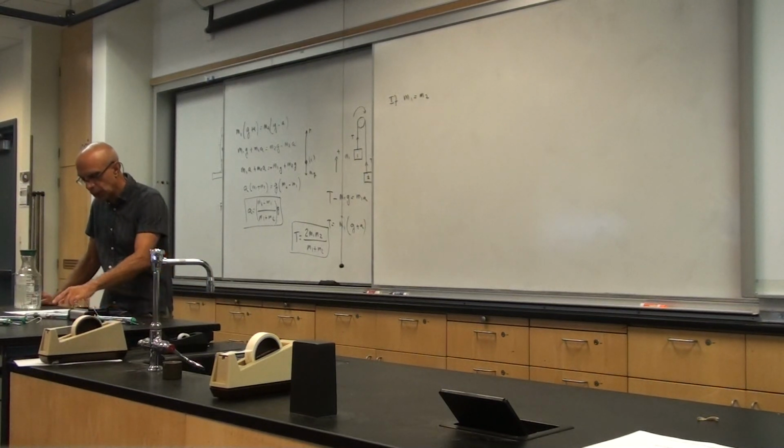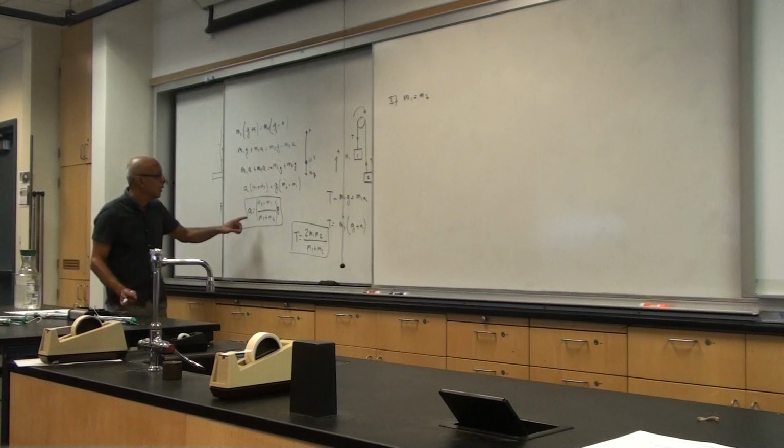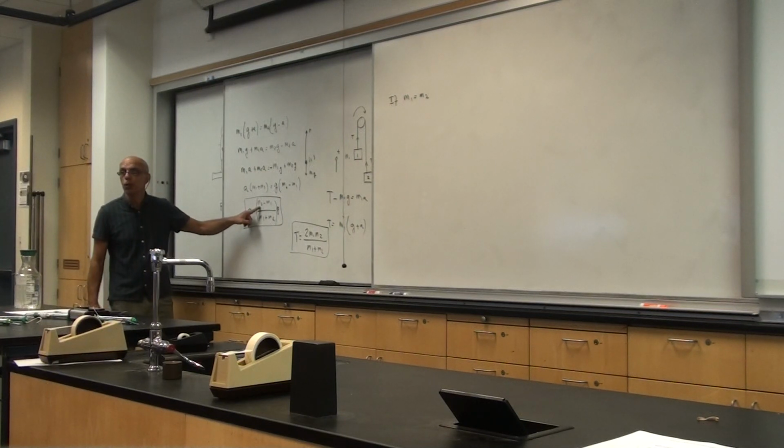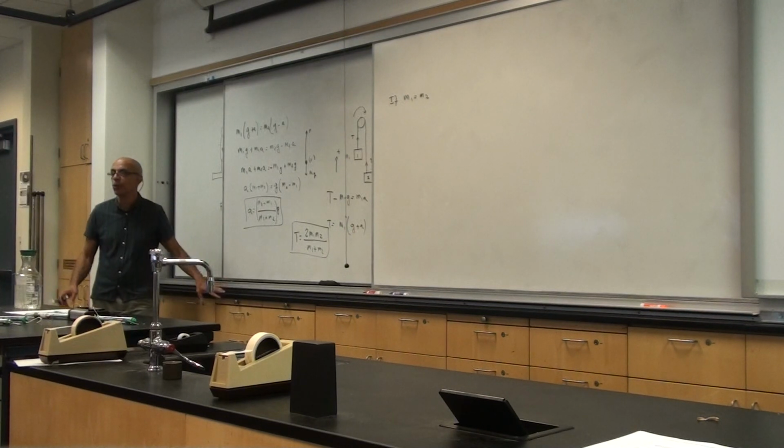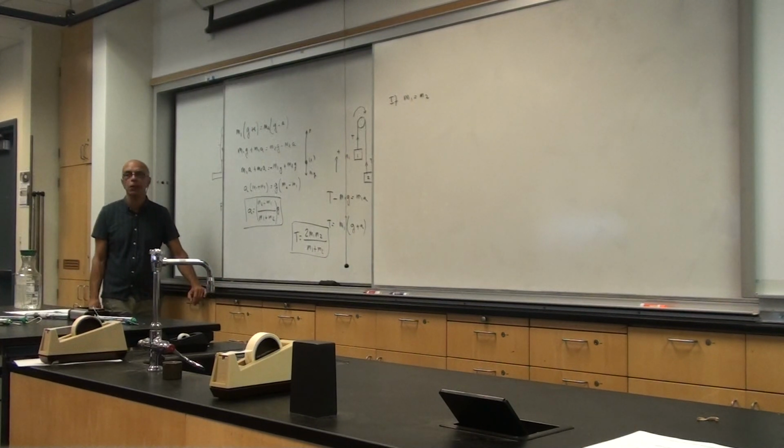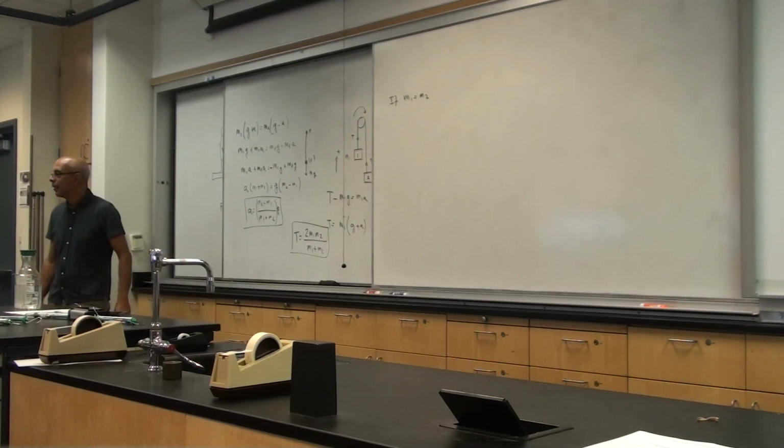Now, another situation is, let's say M2 is very, very large with respect to M1. So M1 is almost zero. What do you think is going to happen now? Is it going to be accelerated up?